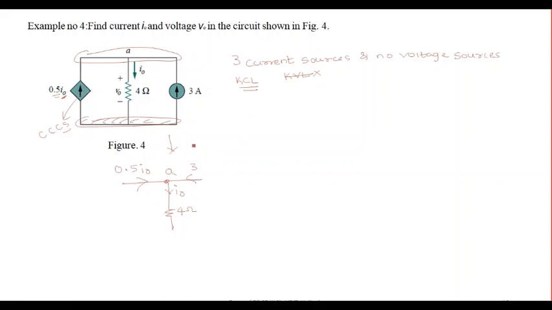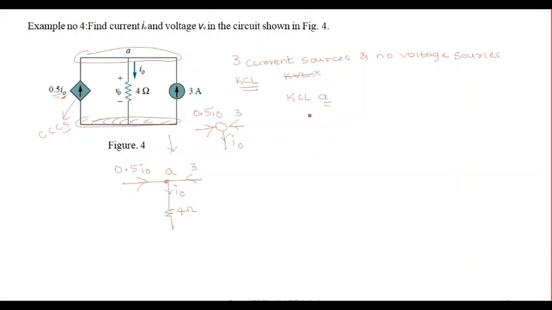So now we have a node where three currents are there. One is the outgoing current, that is I naught, and two currents are entering, that is 0.5 times I naught and 3 amps. If you apply KCL at node A, what will we get?